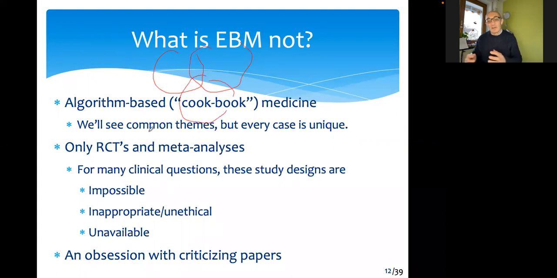We always have to keep all these three in mind. It is not a cookbook medicine, nor is it only RCTs and meta-analysis, because later in the slides I will mention that RCTs and meta-analysis are high-ranked evidence, better evidence. All kinds of evidence are valid and apply. Surely it is also not an obsession with criticizing papers.